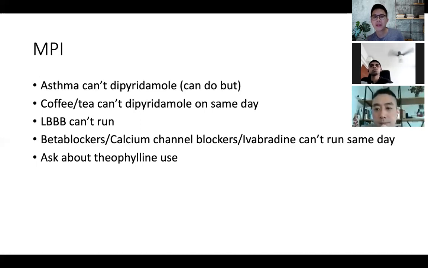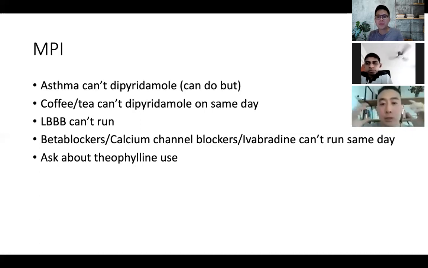Okay. And the second question is about the rest and the stress. Do we normally do it on the same day, or 2 days apart? And is the stress always done, or if the rest is normal, is there no need to stress? Such a big topic. Obviously the stress component is more important, right? Because if you have no defects on your stress MPI, then you don't have ischemia.